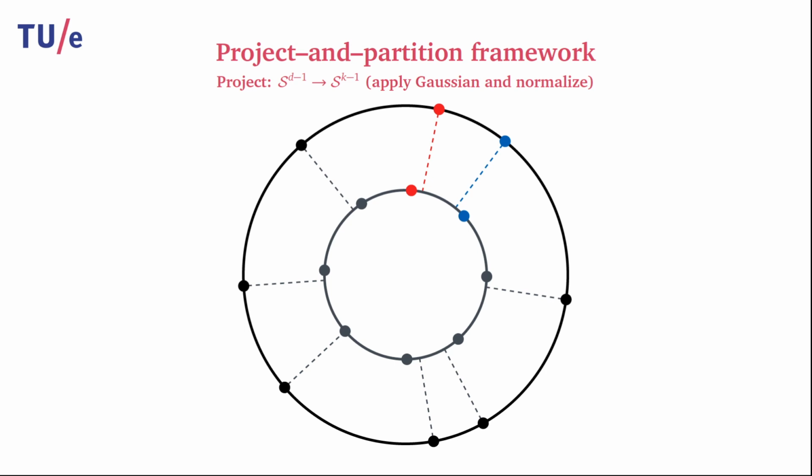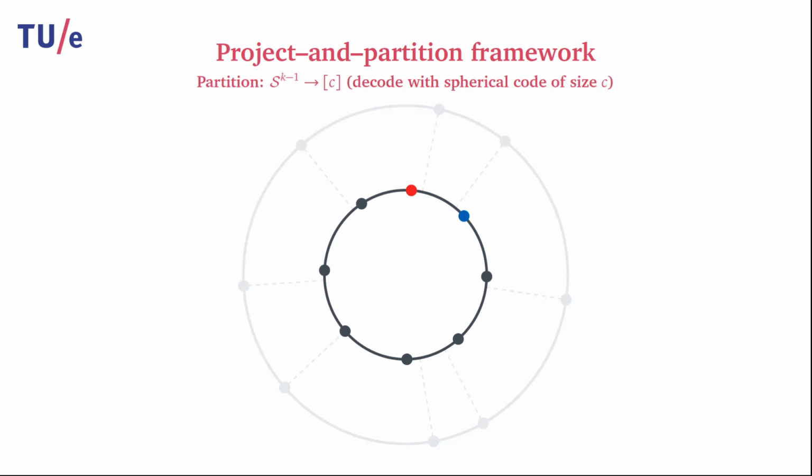projection. And after you project, you partition this lower dimensional sphere into regions, because originally we started with a very high dimensional sphere, and it's hard to find nice ways to partition it.